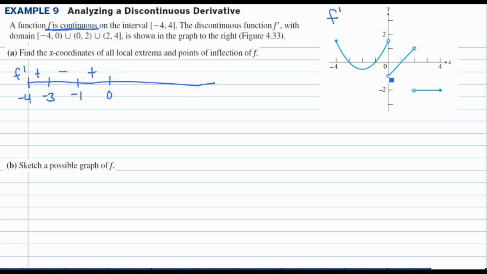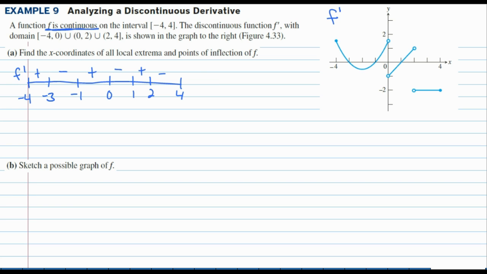Then from 0 to 1, f prime is negative. 1 to 2, f prime is positive. And then finally from 2 to 4, that would be the end there, f prime is negative. So I can see several extrema. As a matter of fact, every single one of these values is going to be an extrema in f.